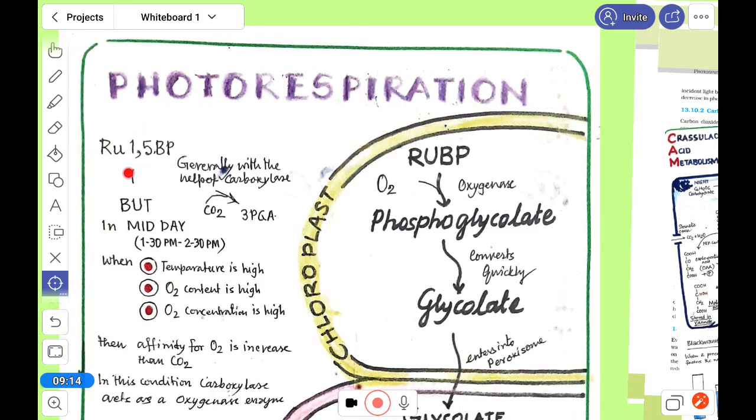So ribulose 1,5-bisphosphate normally takes carbon dioxide, but at midday when the temperature is high, the oxygen content is more, because as photosynthesis goes on, the oxygen concentration increases. Temperature is high, oxygen concentration is high, so the affinity for oxygen increases over carbon dioxide.